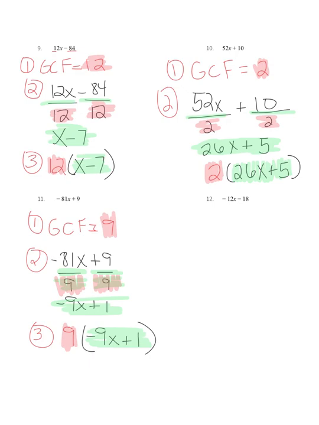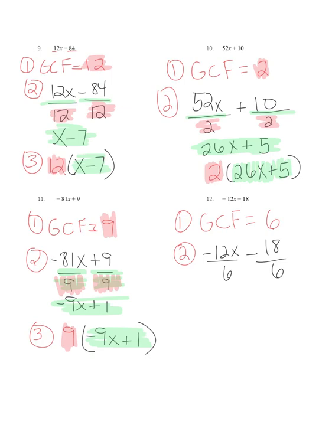Let's try this last one. My first step is to find the GCF. The GCF of negative 12x minus 18 is 6. My second step is to divide both terms by the GCF, so negative 12x divided by 6 and minus 18 divided by 6.